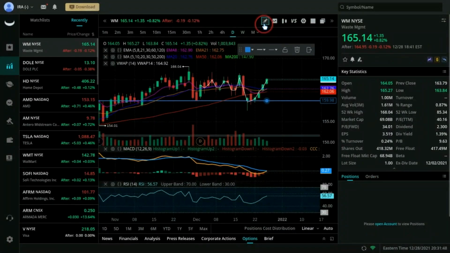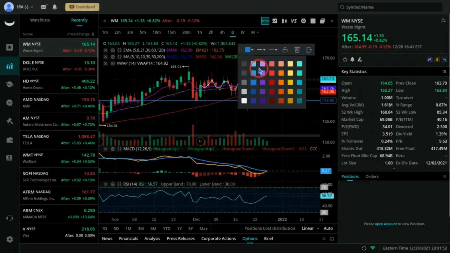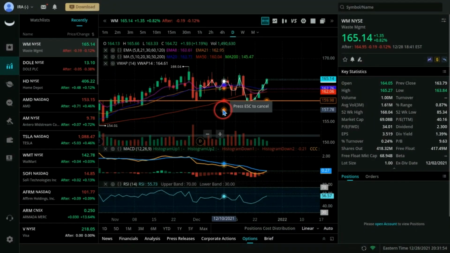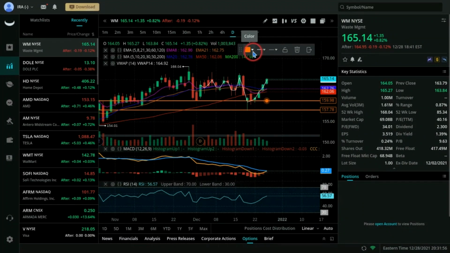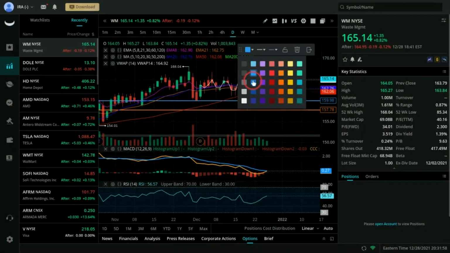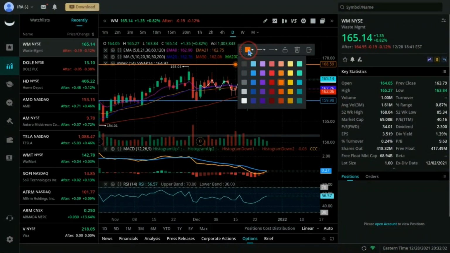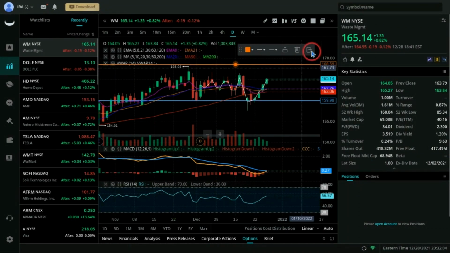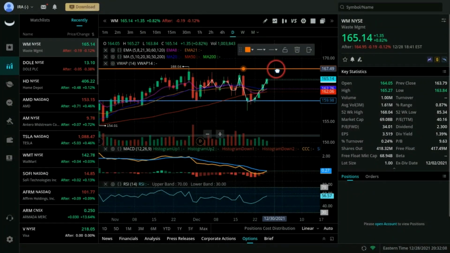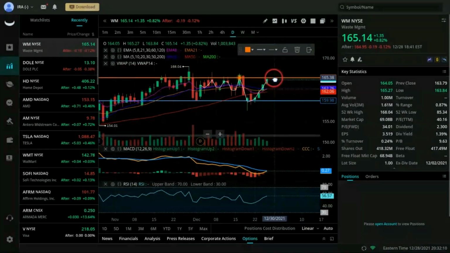Alright, let's find resistance. Resistance, we're going to make orange. I'm going to put resistance at the last trading day's candle, right at the top.